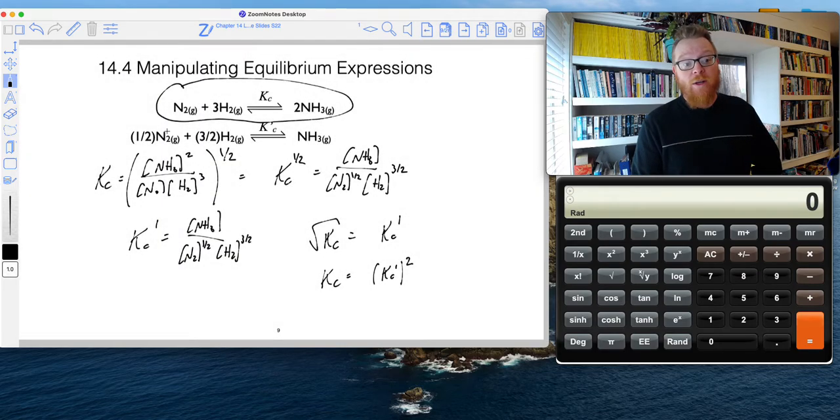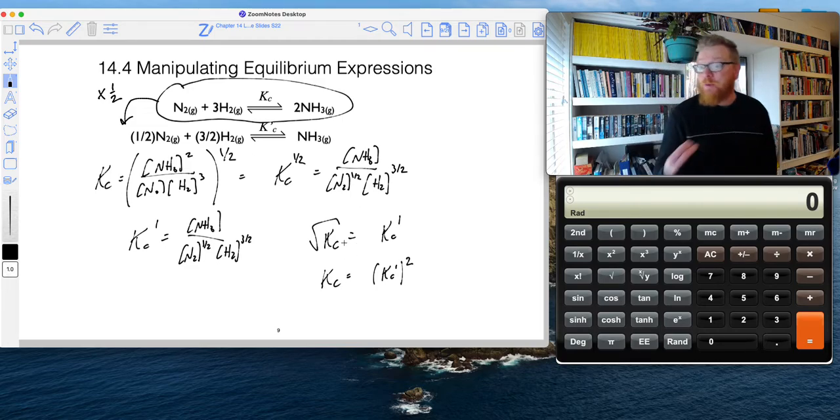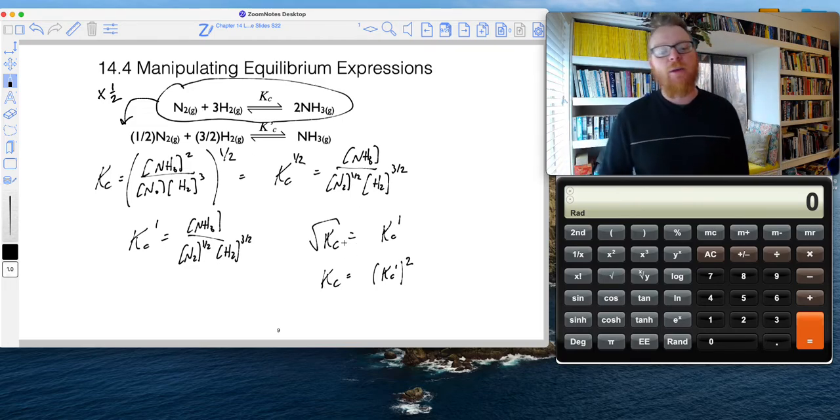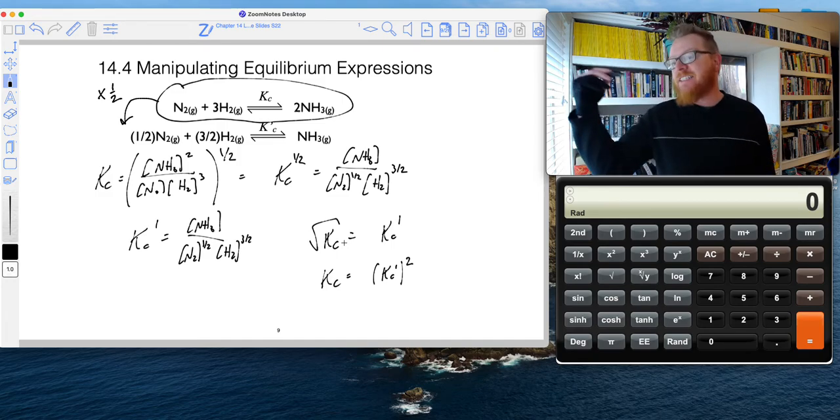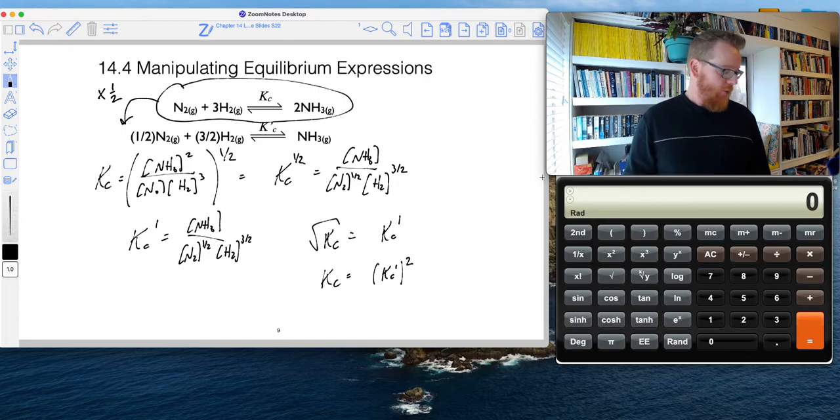Once again, with this example, when we go from this reaction to this reaction, we say times 1/2. However, you notice that for the equilibrium expression, instead of multiplying the equilibrium constant by 1/2, we raised it to the 1/2 power.